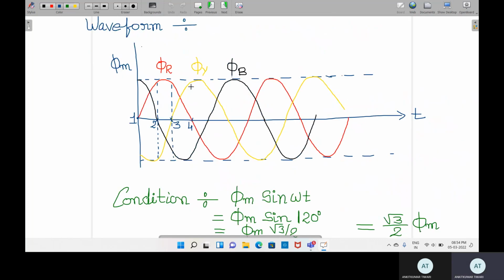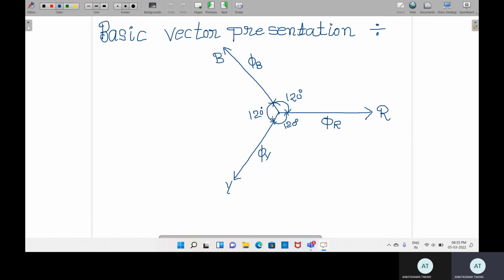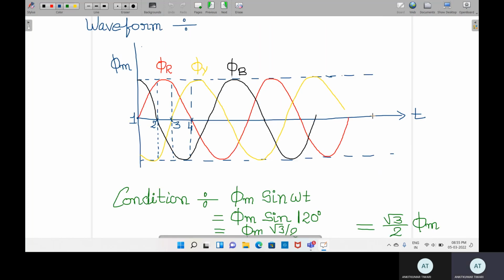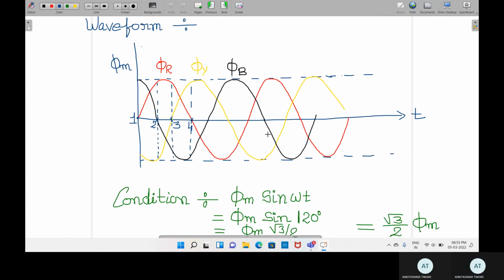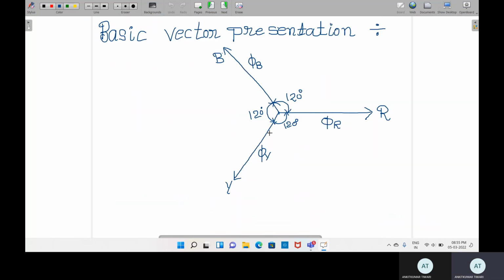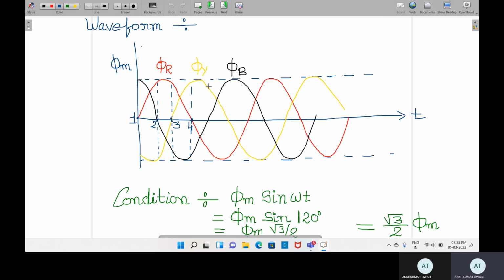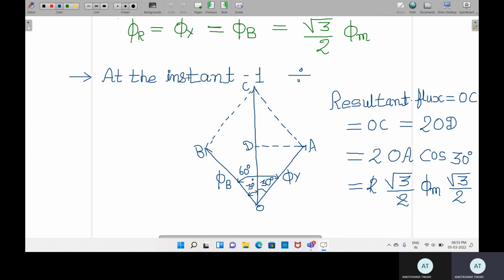You observe that phi r is 0, which means this axis will be neglected. Phi y is positive, which means phi y will be as it is. So let us draw phi y.